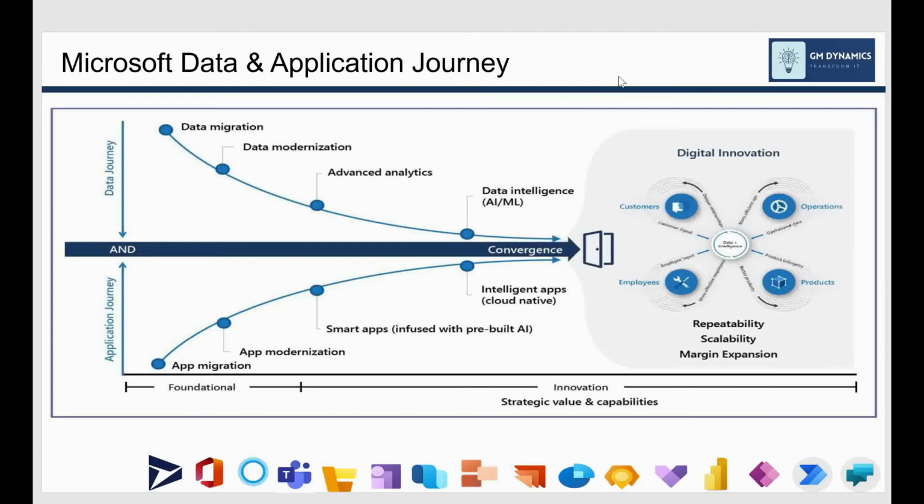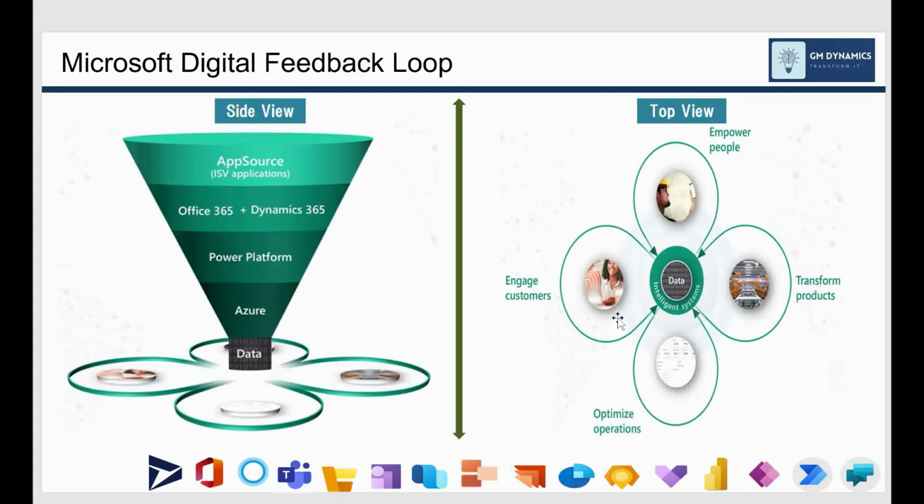All these converge towards the common goal of digital innovation, the digital feedback loop, which is again about the customer, operation, product, and employees. These are the 4 pillars, and as I mentioned in the last slide, it addresses these 4 features: empower people, transform product, optimize operation, and engage customers.